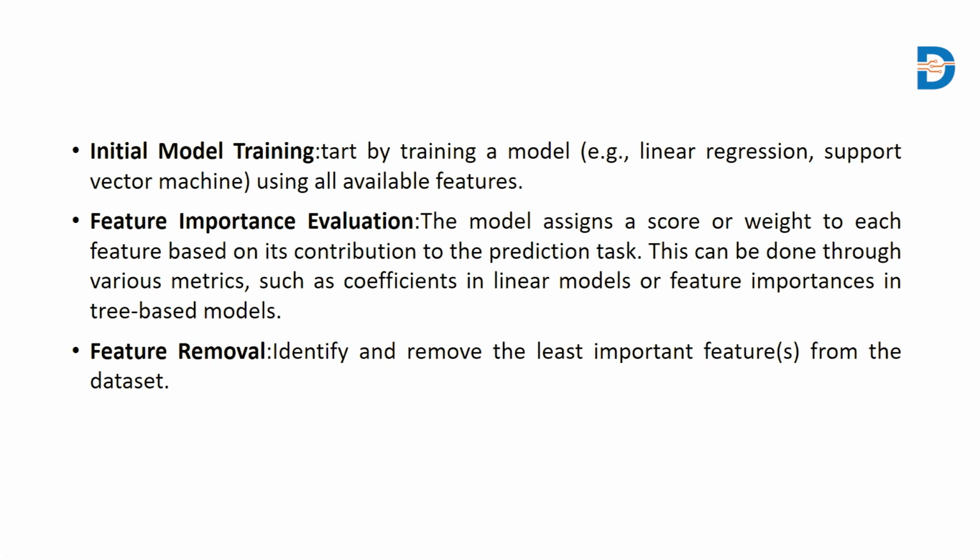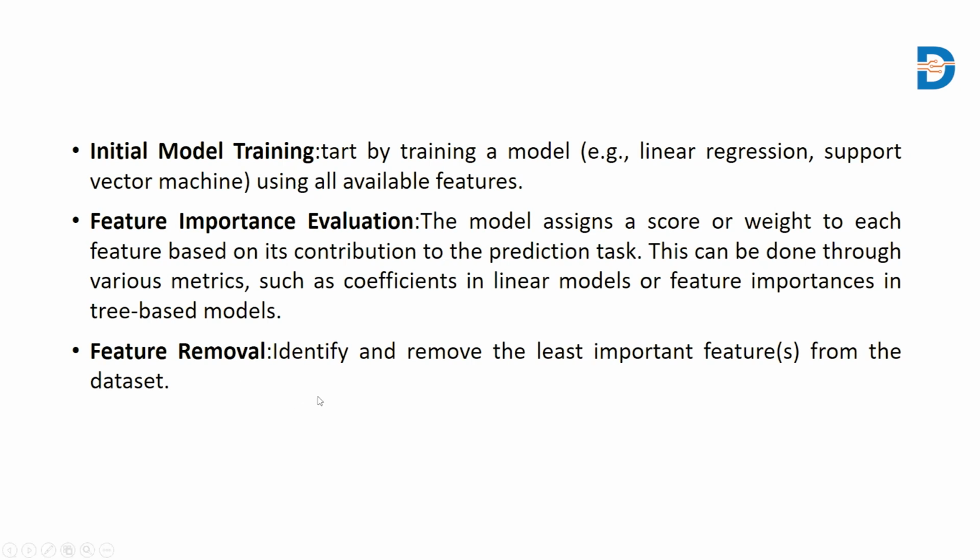This can be done through various metrics, such as coefficients in linear models or feature importance in tree-based models. So it gives you the scores or weights for all the features. That is called the evaluation. Once we have the weights or scores, it is easy to identify and remove the less important ones.